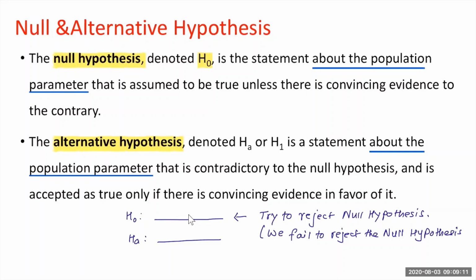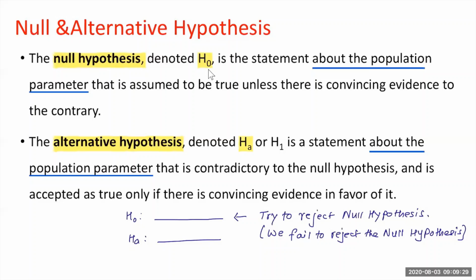So writing the null hypothesis and alternative hypothesis, performing the test, and then we'll make the conclusion. So this is the fundamental of hypothesis testing. The first and very important thing is you must know how to write the null hypothesis and the alternative hypothesis.